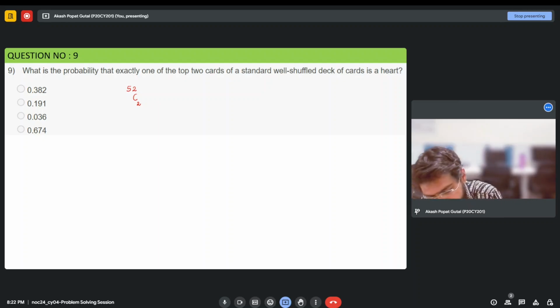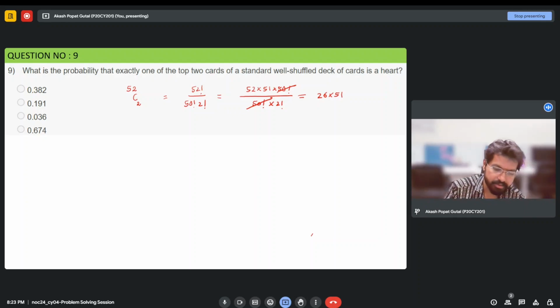Just a simple combination: 52 factorial divided by 50 factorial times 2 factorial. That gives you 52 times 51 times 50 factorial divided by 50 factorial times 2 factorial, and that will give you 26 times 51.